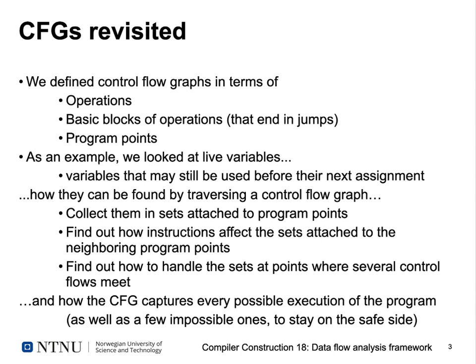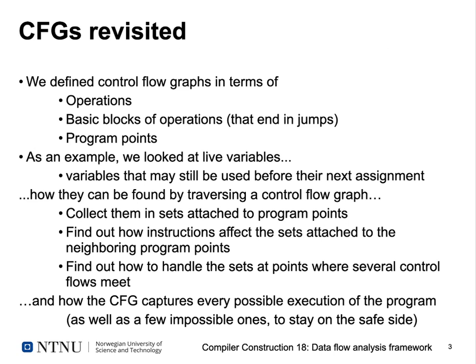And we have seen program points already to make it easier for us to perform some liveness analysis on our code. This liveness analysis was very useful because using this we could find for each program point in our program the set of variables that may still be used before the next assignment. And we've also seen how they can be found by traversing the control flow graph.